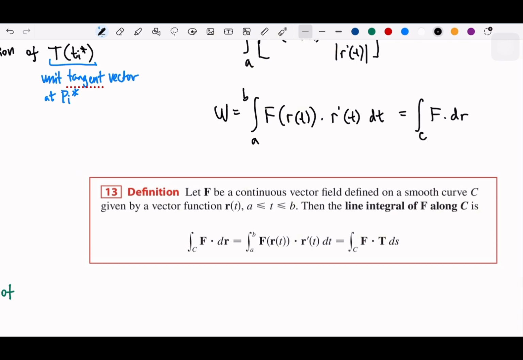Or if you want to split it up using the vector r, you can have the same here: f(r(t)) dot r'(t).